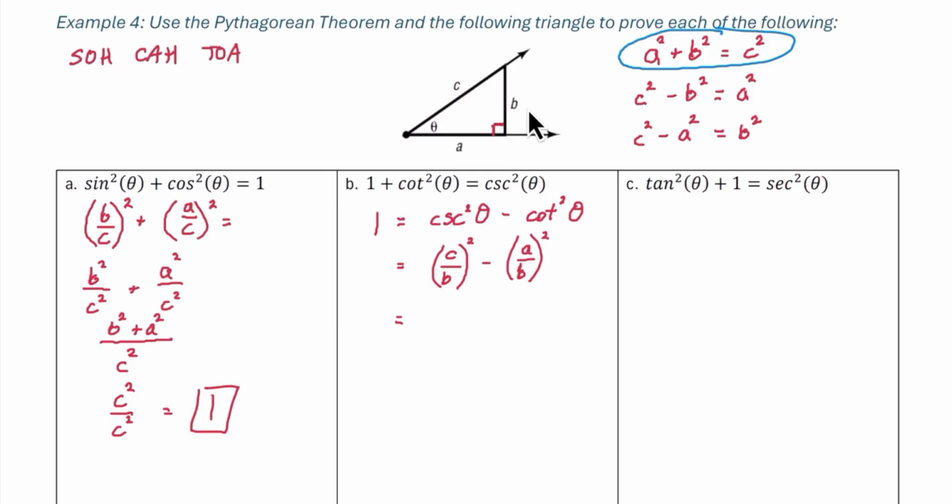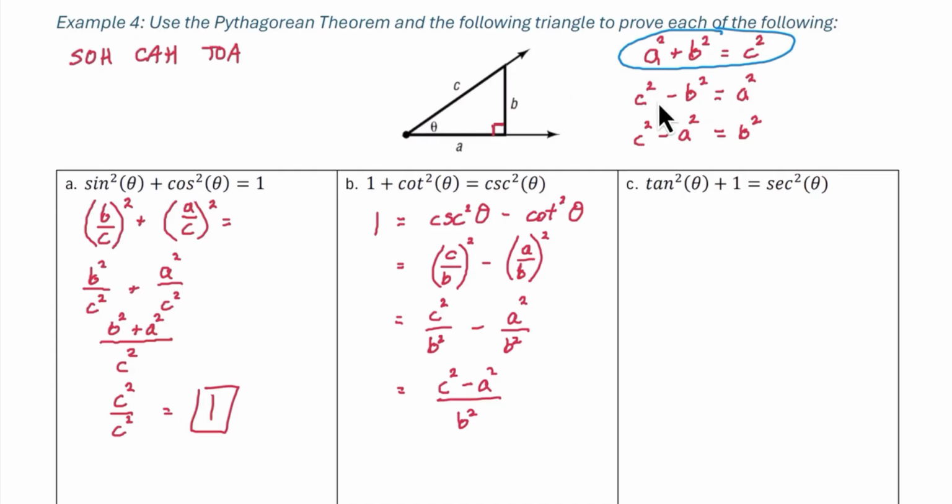We can rewrite those. The fraction squared we can write as c squared divided by b squared minus a squared divided by b squared. We have common denominators, so we'll write that as a single fraction, c squared minus a squared divided by b squared.